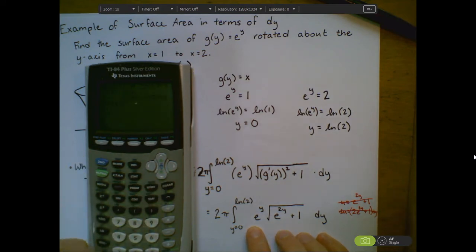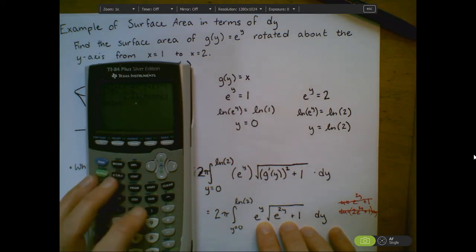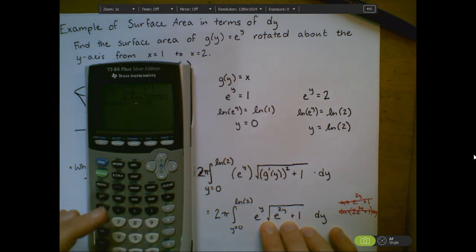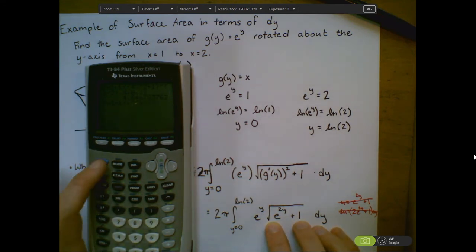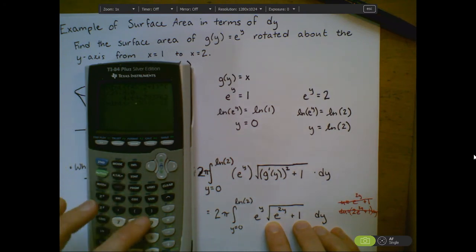We're going to integrate. Our integral is this function, e to the y times the square root of e to the 2y plus 1.